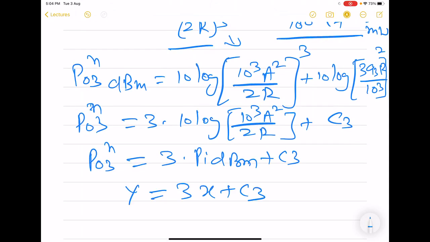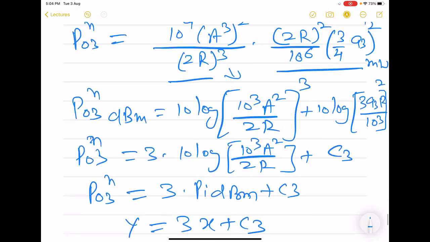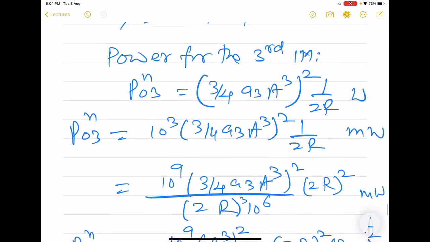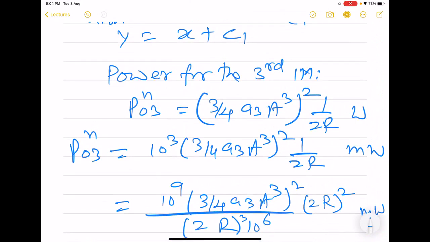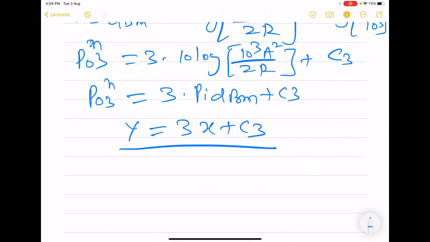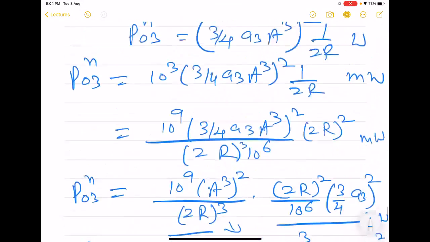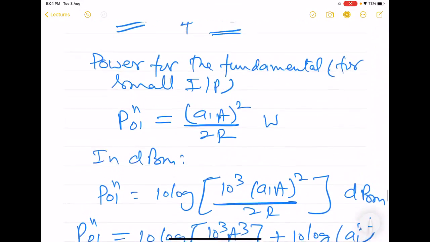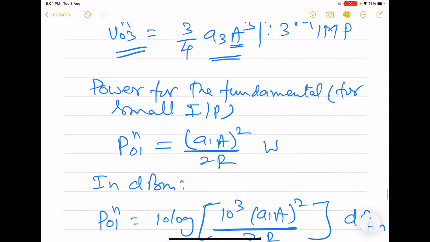So what we see is that the third order intermodulation product amplitude gives rise to a straight line with slope equal to 3. That means it grows very fast compared with the fundamental amplitude for small input or the ideal case.